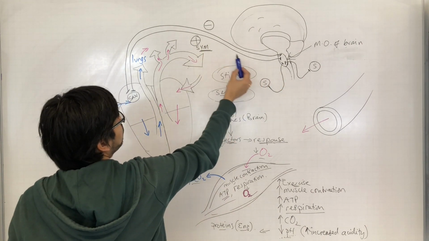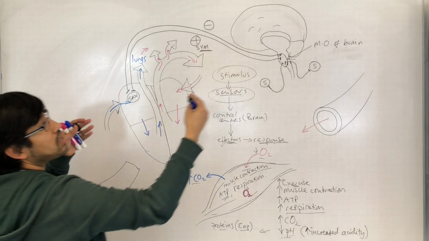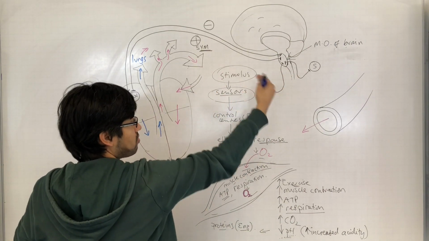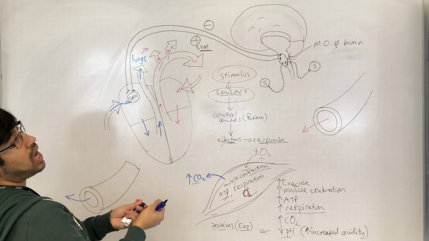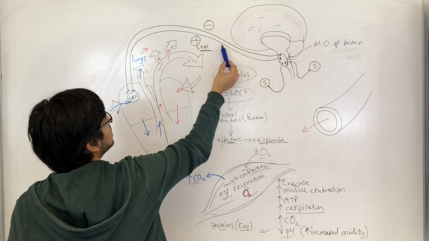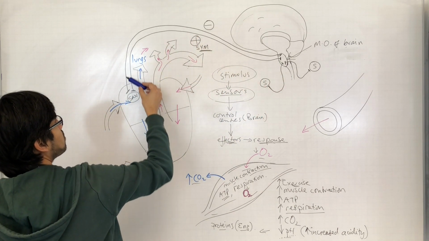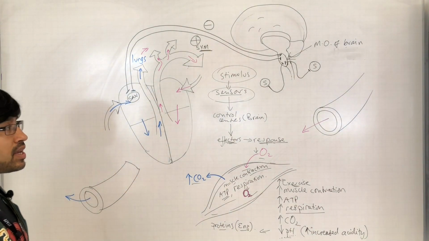So when the cardiovascular control center is receiving information that the CO2 levels are rising, that more exercise is happening, it sends impulses down the sympathetic nerve in order to increase the rate of the SAN.